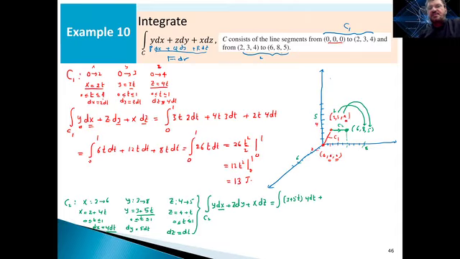Plus z, which is 4 plus t, times dy. What's dy? 5 dt. Plus x dz. X is 2 plus 4t, times dz. dz is dt. There you are. And t is from 0 to 1.